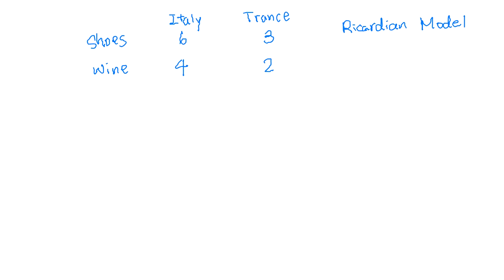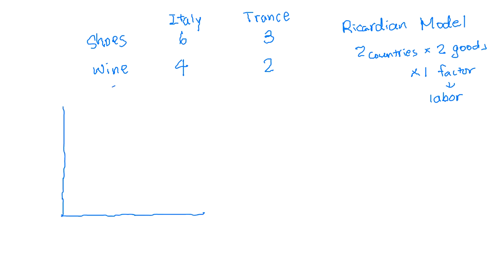It's a two-country, two-goods model, but with only one production factor, which is labor, right? So based on this, if you want to draw the PPF, we could assume that the labor endowment in Italy is equal to 10. In France, it is equal to 10.